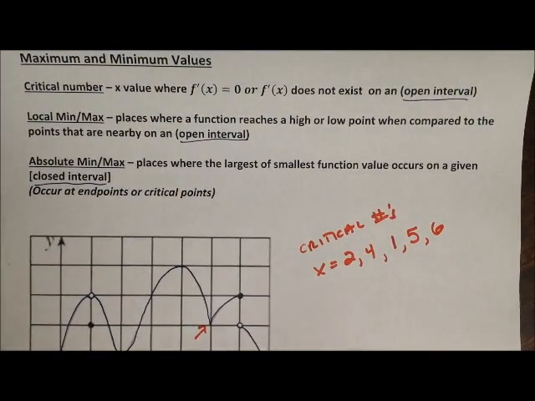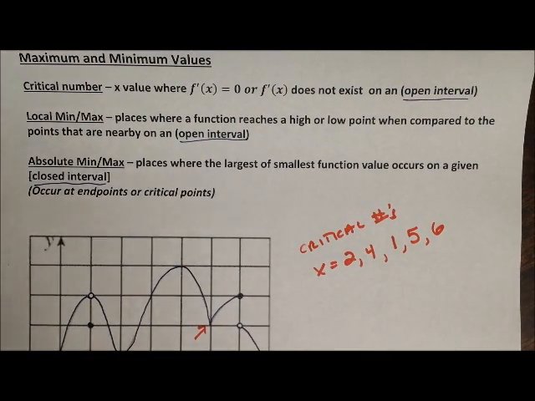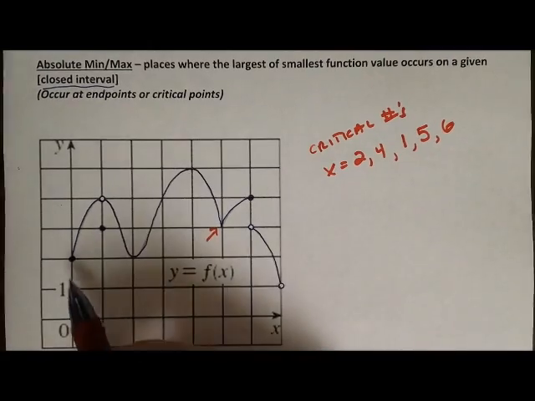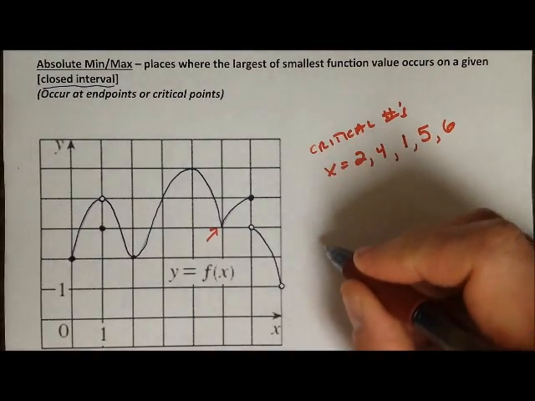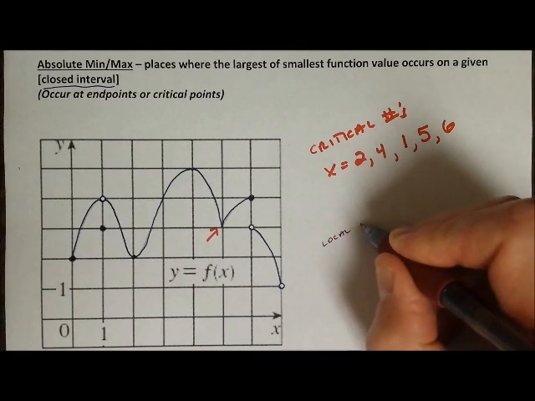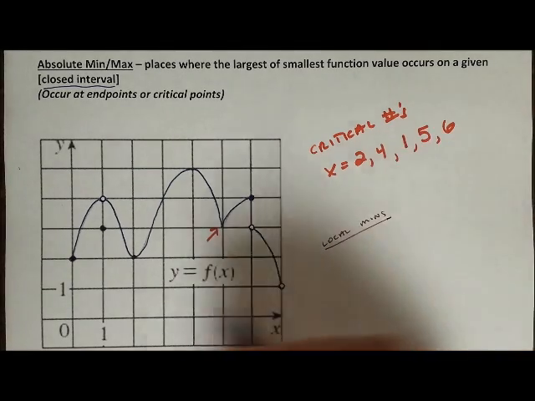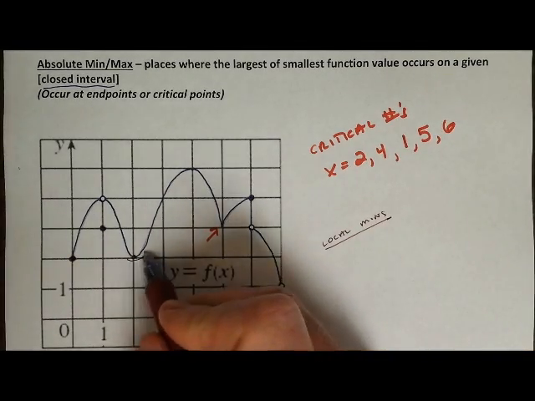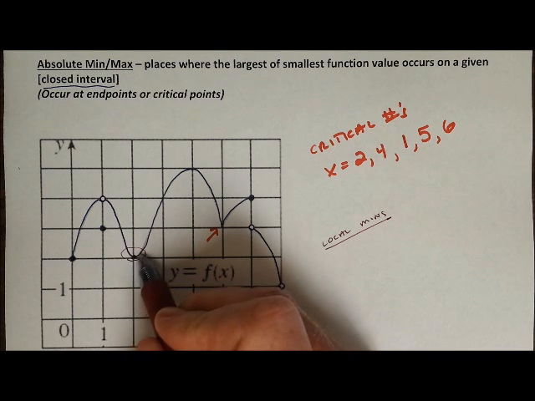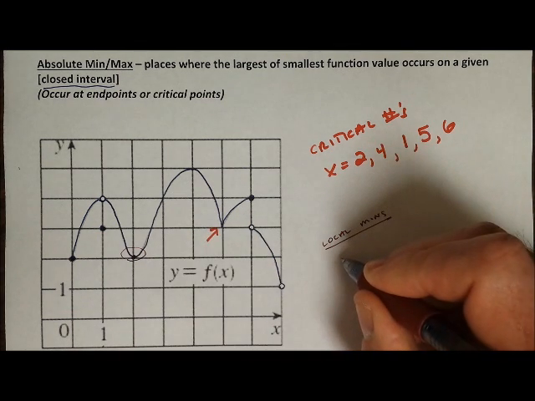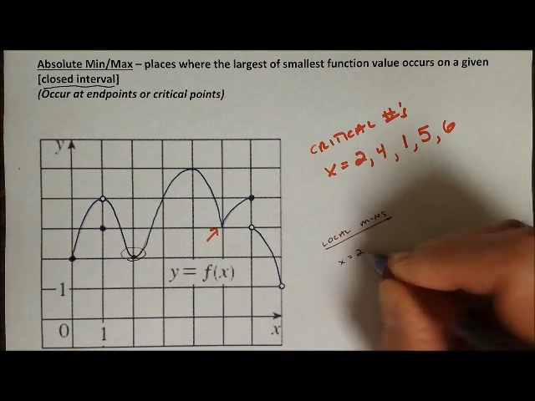All right, local mins and maxes. That just means it's the lowest point or the highest point when you compare it to the other points right around it. As we go through, this right here is our first local minimum. I'm going to write local mins here. Right here, because as you look at just the points right around it, this is the smallest, the lowest. Everything else is a little bit above it. So we'd say there's a local min when x is 2.